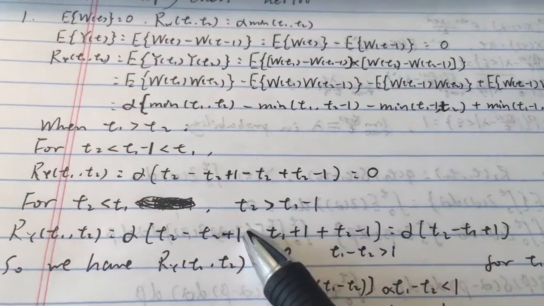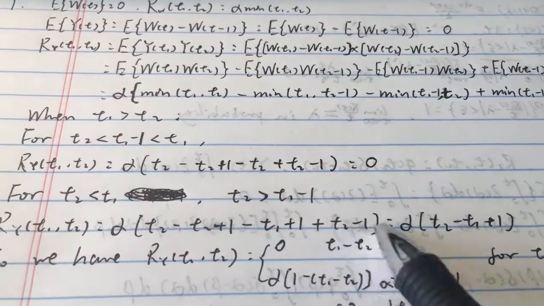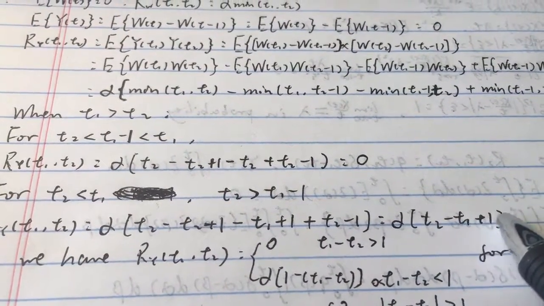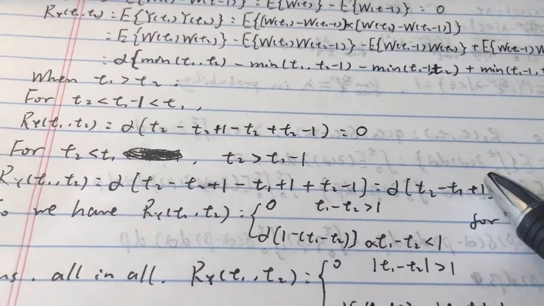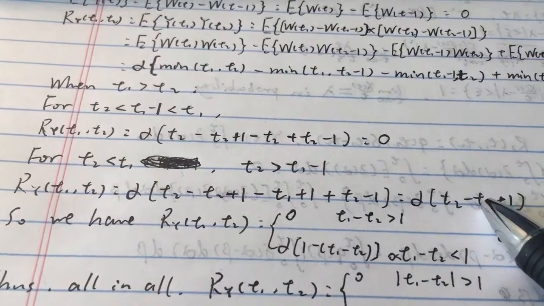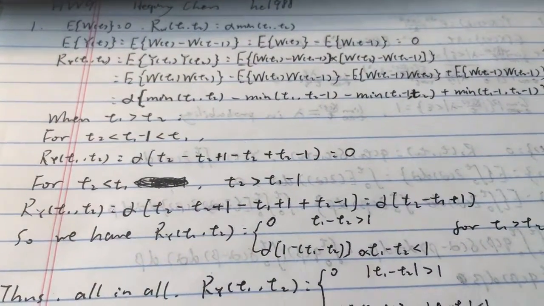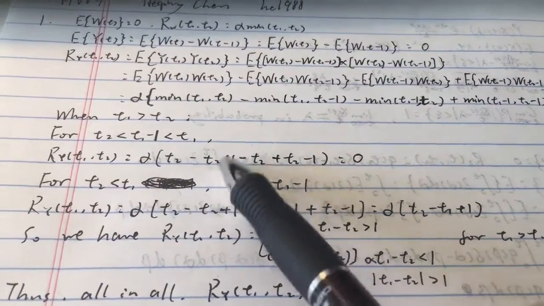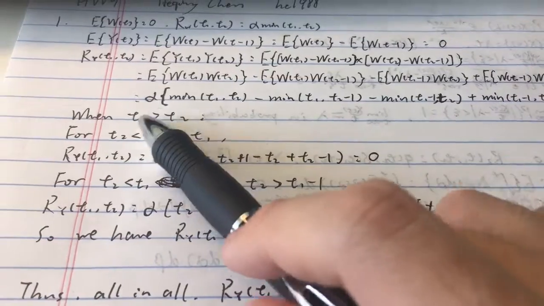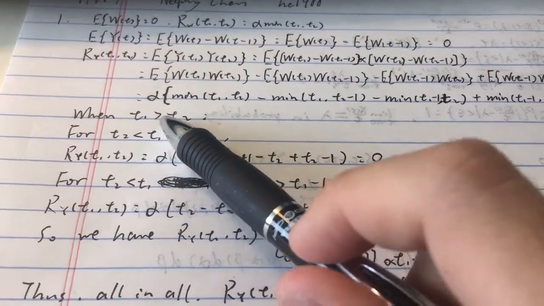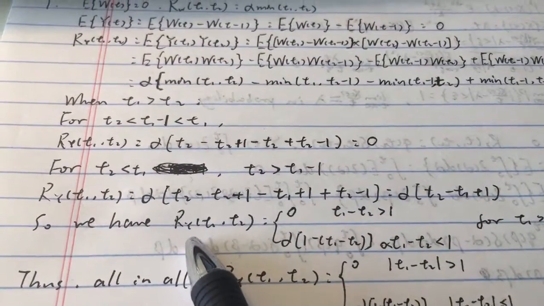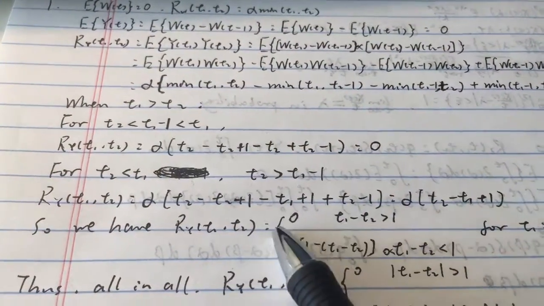We put this into this, and we get the result: alpha multiplied by t2 minus t1 minus t1 plus 1. So this covers the whole case when t1 is more than t2.